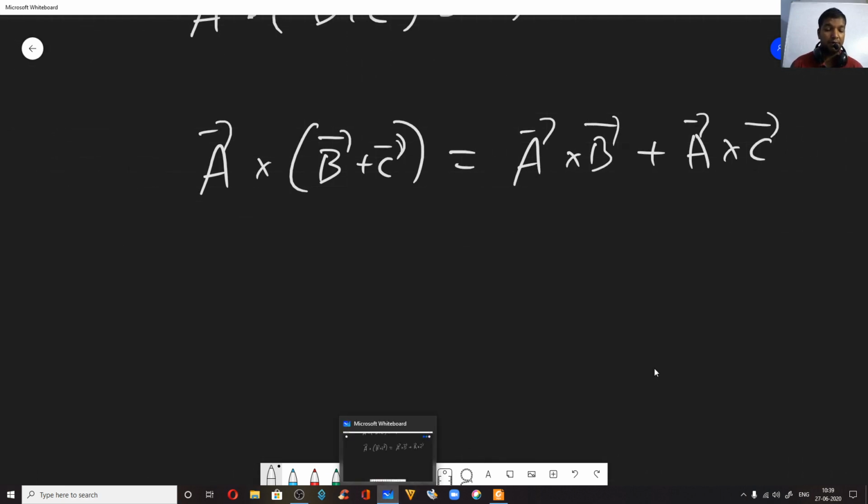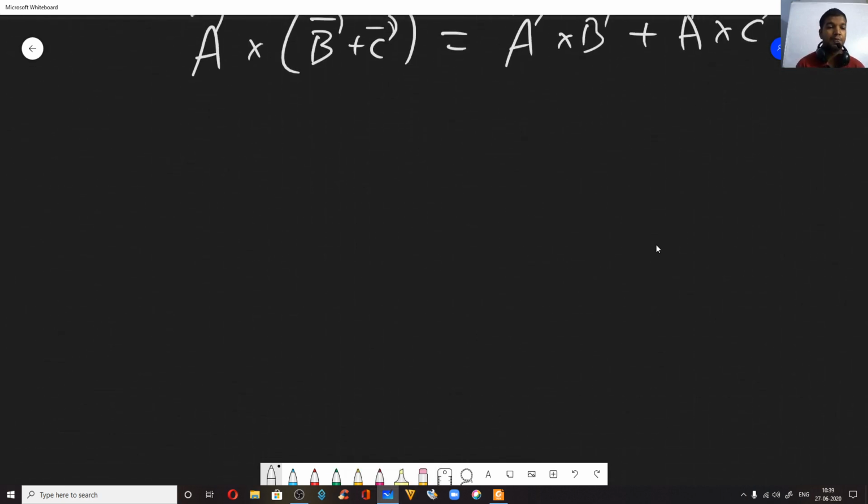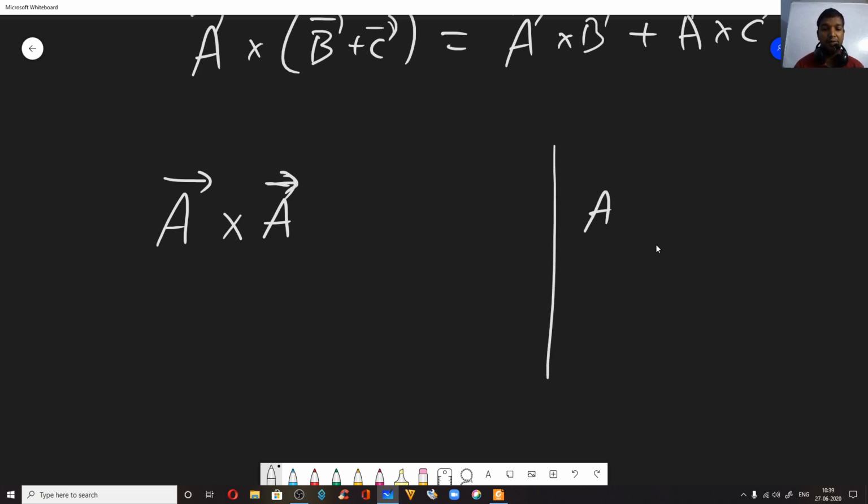Now next, for example, say you have a vector A. Take vector A cross with itself. When you say A cross B, the magnitude is A B sine theta, correct?